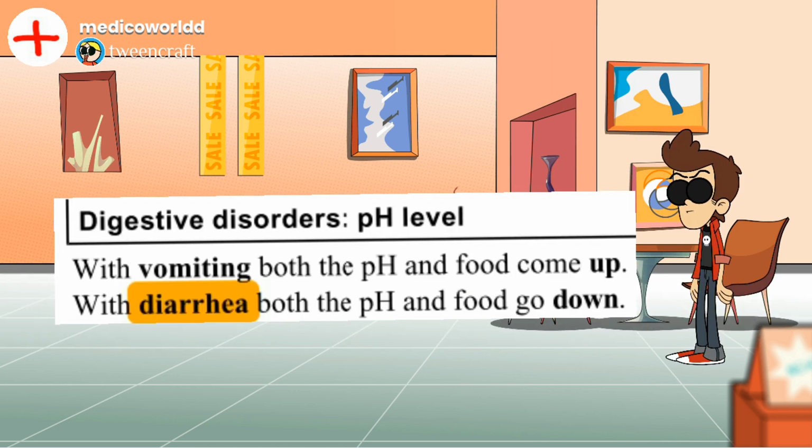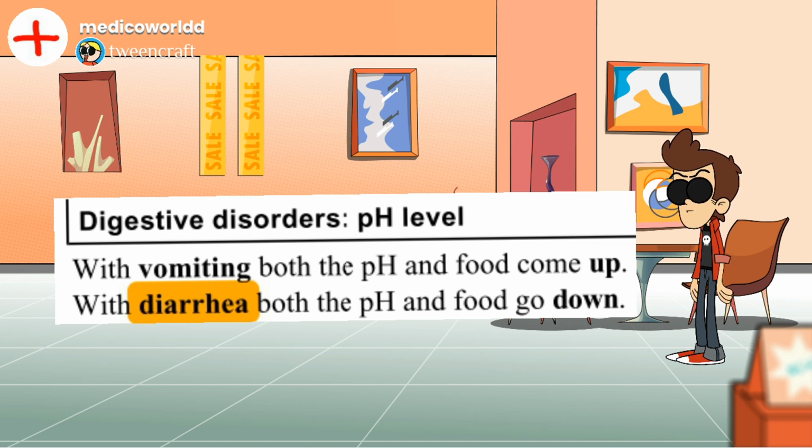Now, the digestive disorders are associated with pH levels. pH comes up in vomiting. In vomiting, food comes up. You can remember as pH comes up and food comes up in vomiting.